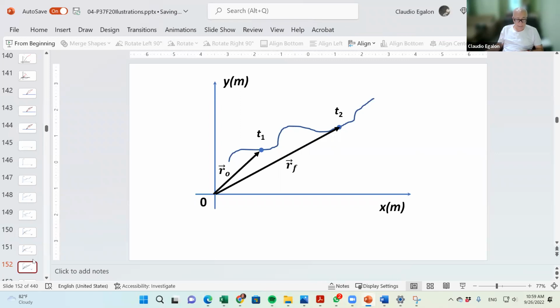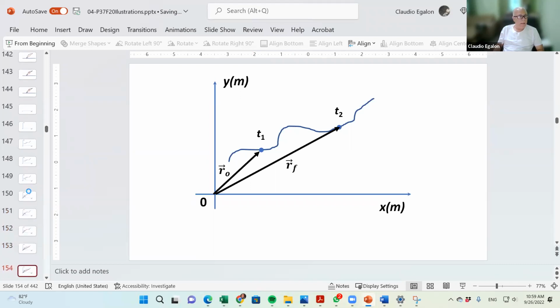Later on, the particle is going to be at that spot, and we can represent that position by another vector, an arrow, that we call RF.